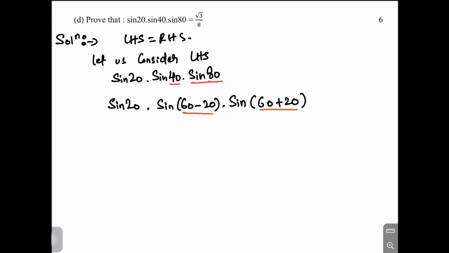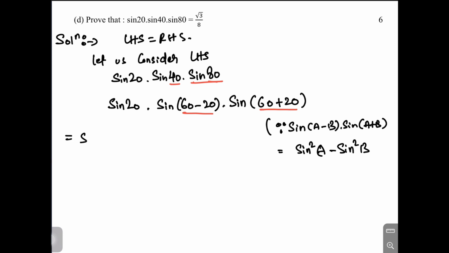Now let's try to solve further. We know that sin(a minus b) into sin(a plus b) equals sin square a minus sin square b.